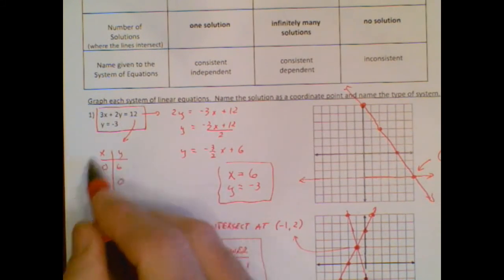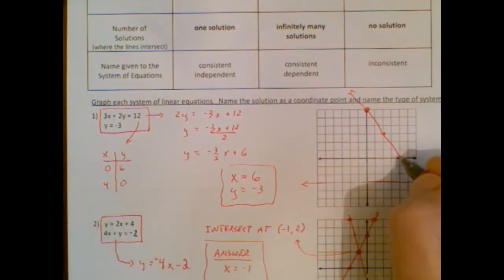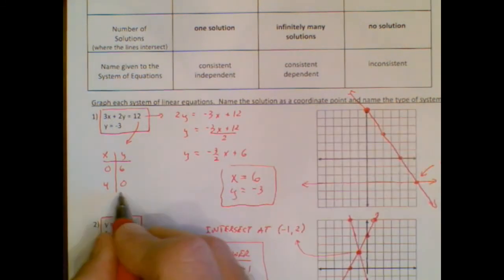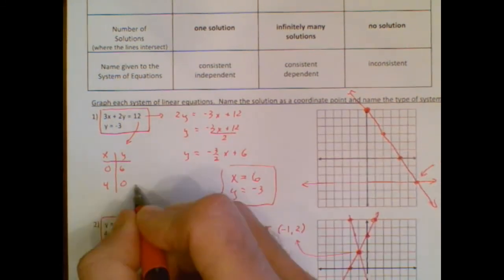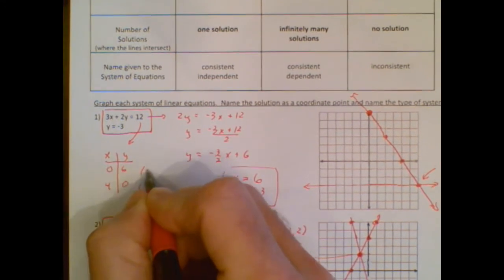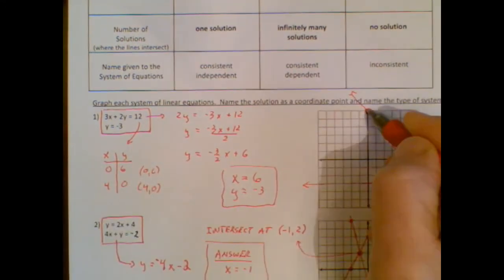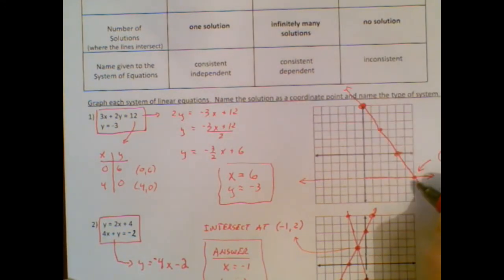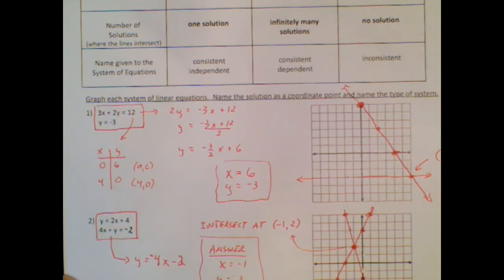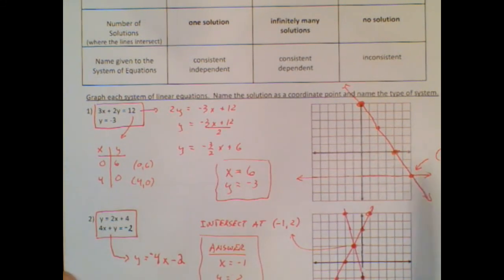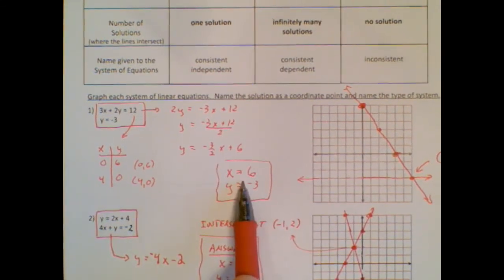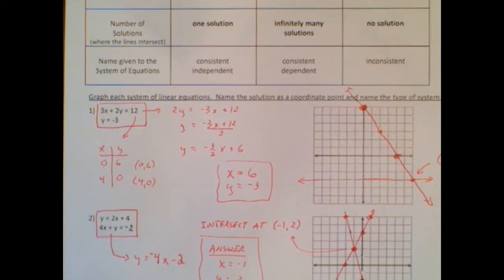So you might prefer graphing this way, in which case you would have put down your intercepts (0, 6) and (4, 0). Those are actual points that you can put on your graph. And you connect the y-intercept and the x-intercept, and you extend it out, and you find the intersection point. It doesn't matter which way you graph, as long as you're accurate. You're just looking for the intersection point. Once you have the intersection point, this is the x and the y that work in both of those equations.